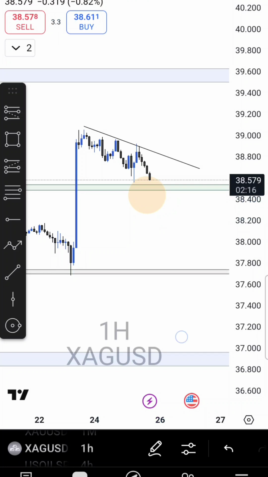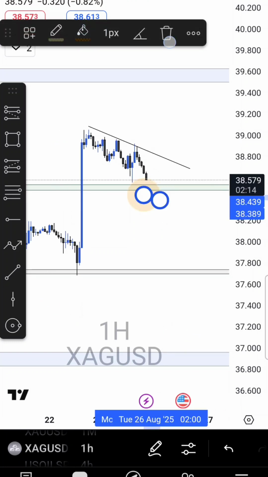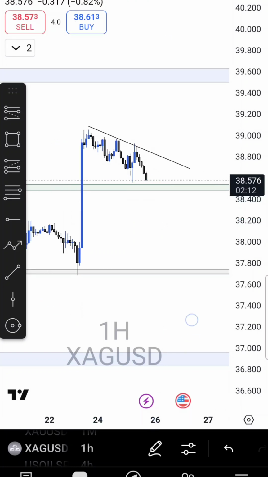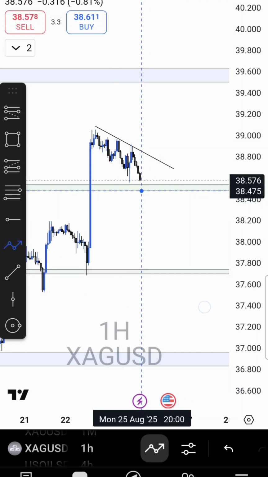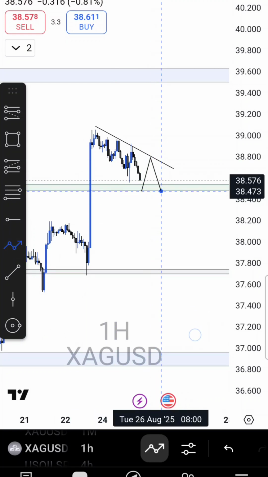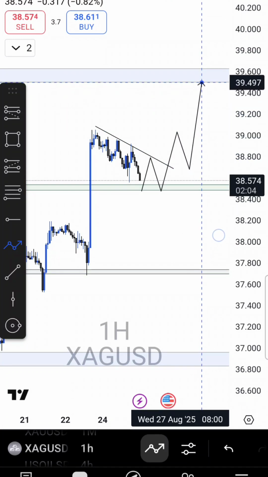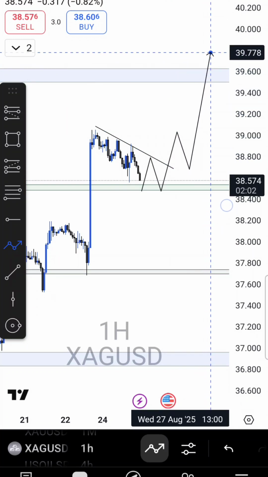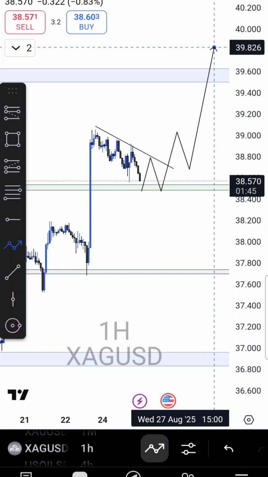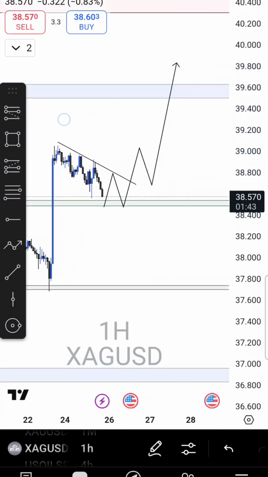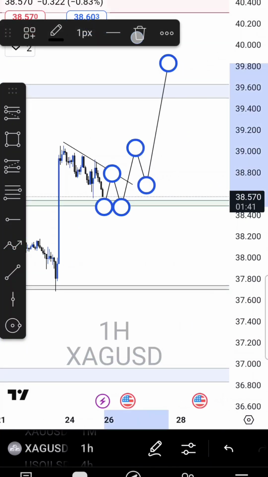If I get price confirmation for our bullish pin bar, a bullish morning star, or a bullish engulfing, so any price action that would confirm bullishness or a change of trend.